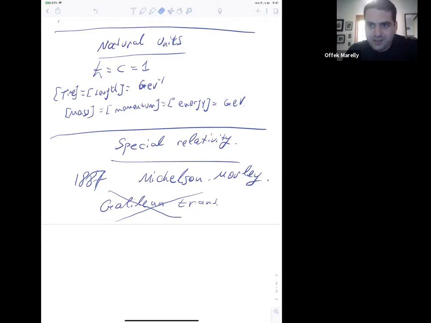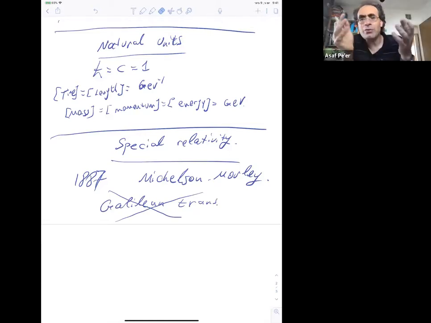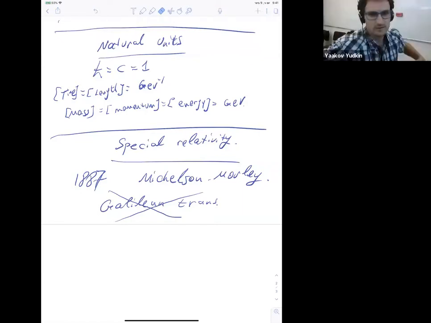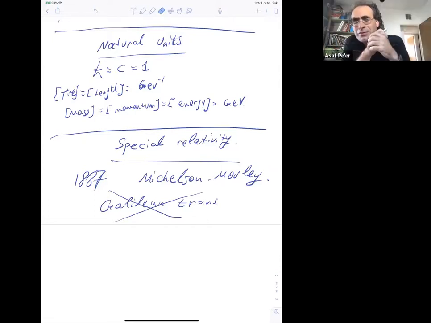Then there needs to be something else. But why would I care? So Galileo was wrong. So what? Why is that a problem for us? Because all of mechanics is based on this principle. Thank you very much. Because if there is no Galileo, there is no Newton.